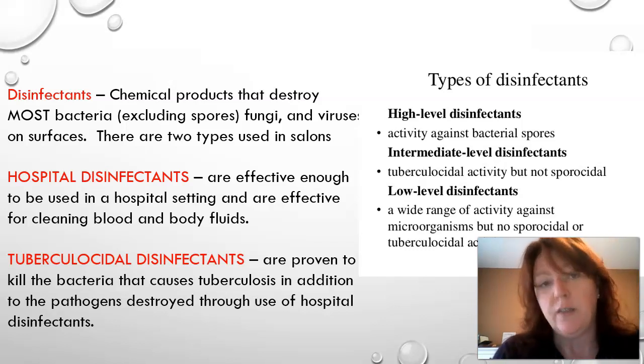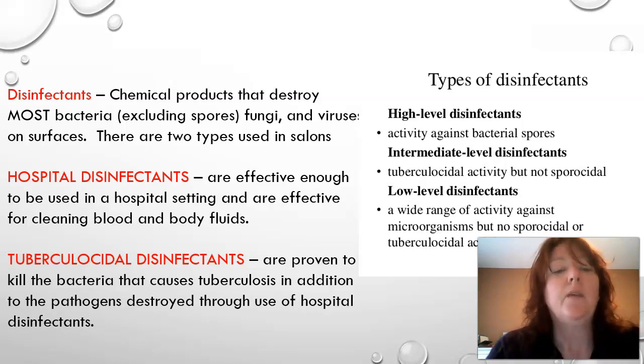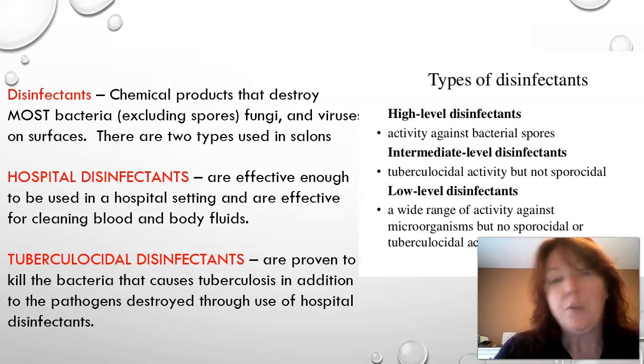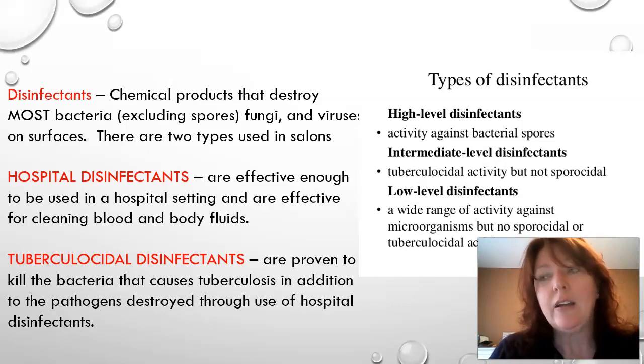Using it in a salon environment, we do deal with bodily fluids and sometimes blood, if you cut your finger or, God forbid, you cut a client, there is the possibility of blood and bodily fluids. And then tuberculocidal disinfectants are proven to kill the bacteria that causes tuberculosis, in addition to the pathogens destroyed in a hospital disinfectant. It's basically a little bit of a higher grade disinfectant.